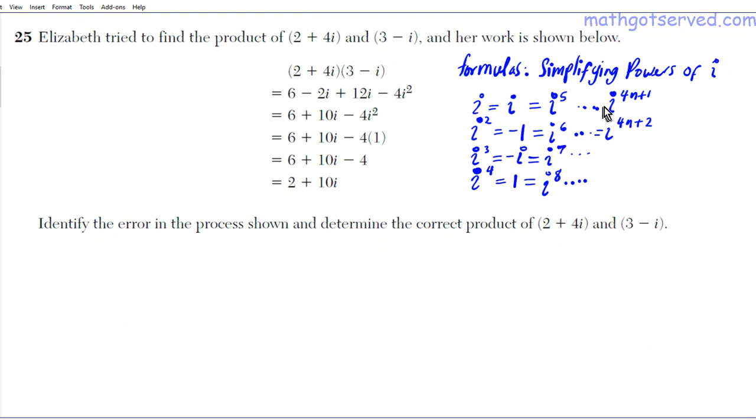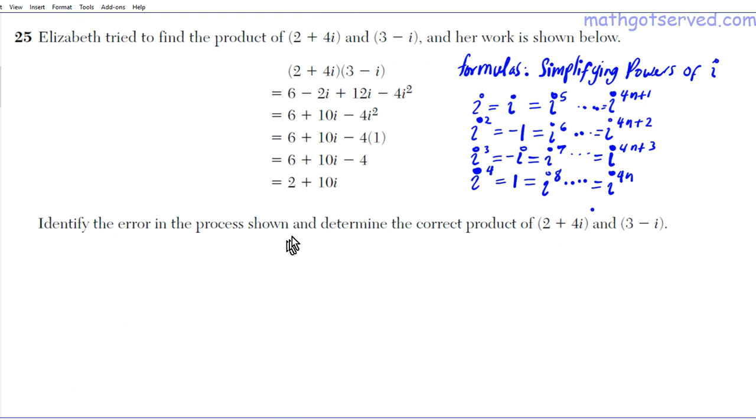And then i to the 4n plus 3 reduces to -i. And then lastly, i to the 4n reduces to 1. Just like i to the 4, i to the 8th, i to the 12, it just goes on and on like that. Okay, so with that in mind, let's go ahead and take a look at Elizabeth's work and see where she made the mistake.